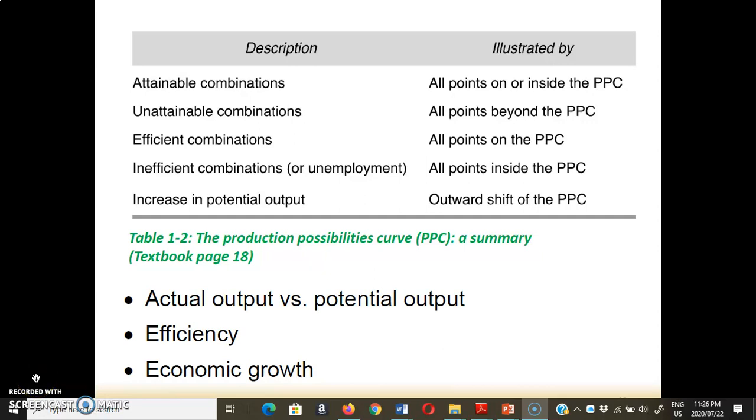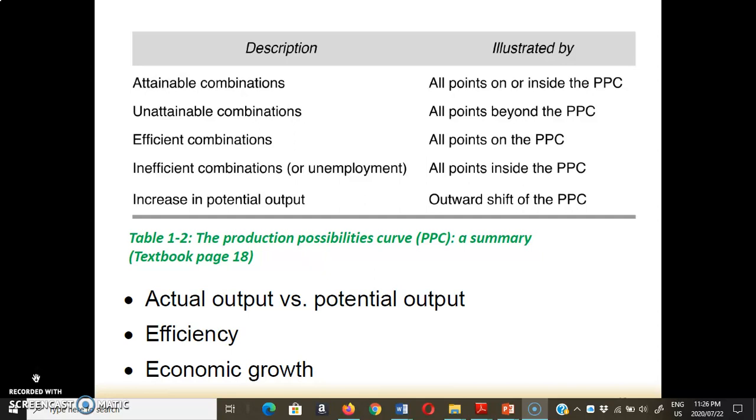Welcome to part B of chapter 1. To summarize, attainable combinations are illustrated by all points on or inside the PPC. Unattainable combinations are illustrated by all points beyond the PPC.